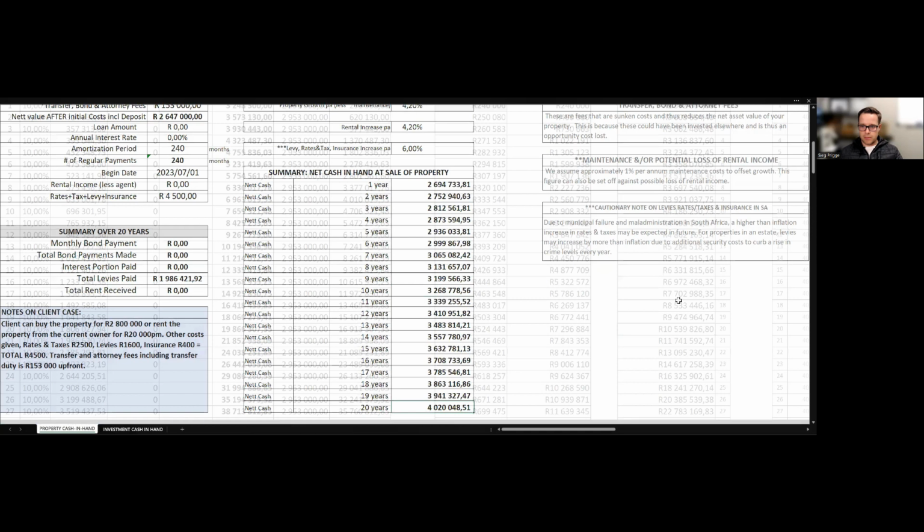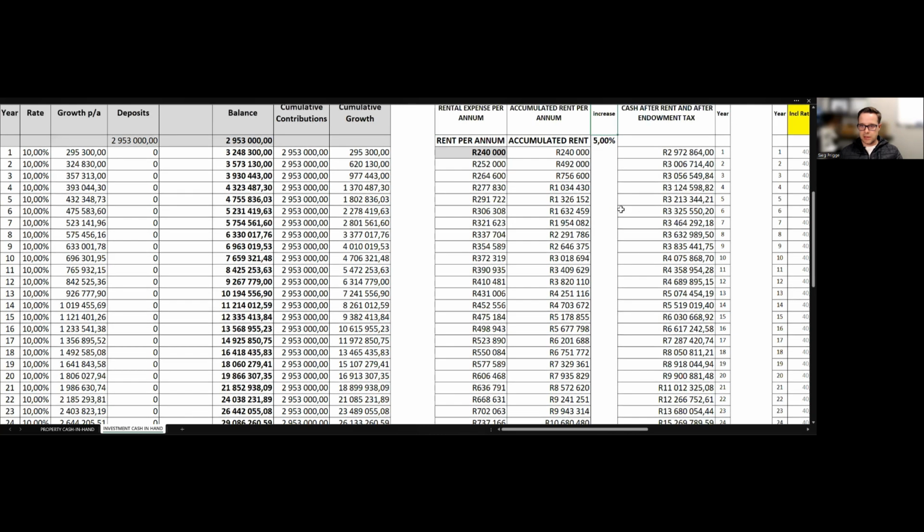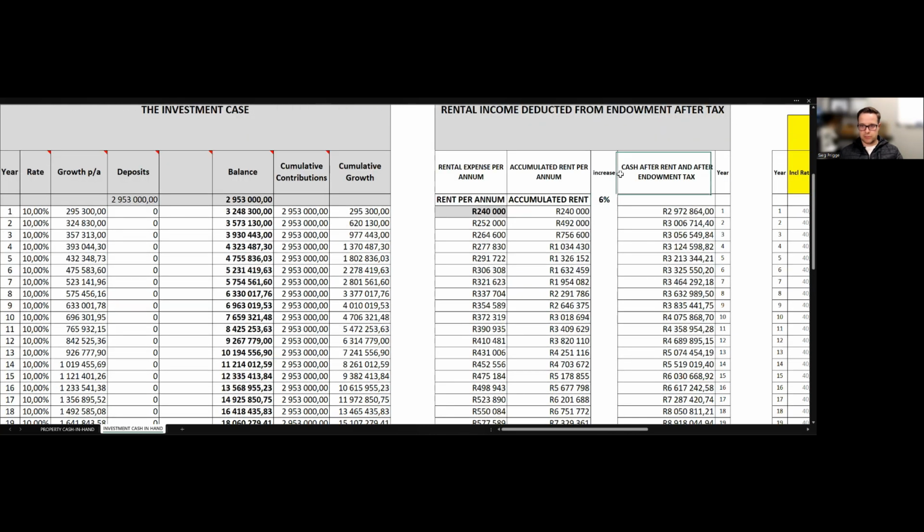Let's do this. Let's assume you do the investment, but the economy does well, and your landlord manages to push your rent up by 5% every year. Let's make it even 6%, which is very difficult for landlords to do.